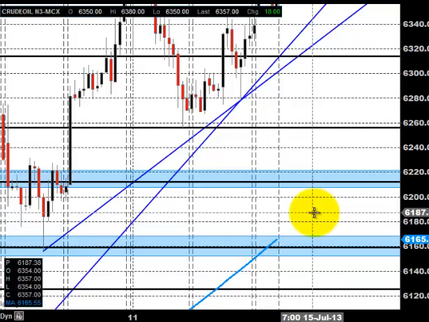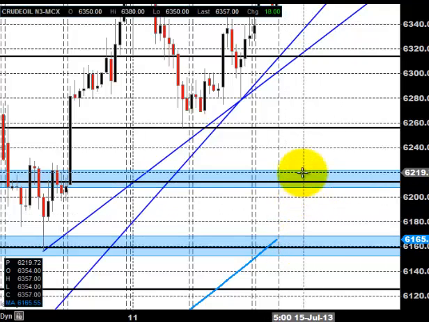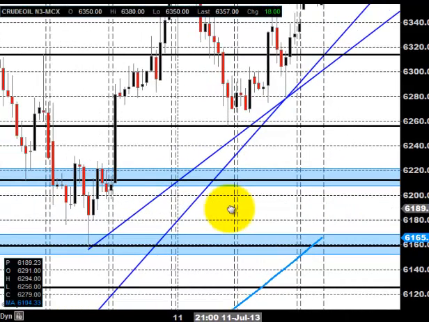Also, this contract can expire by the end of this week, so you should be careful while dealing with the contract when it is going to expire. Have that in mind before taking any entry point. These are the two zones which we are going to target for this week.